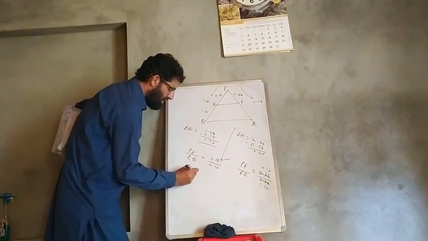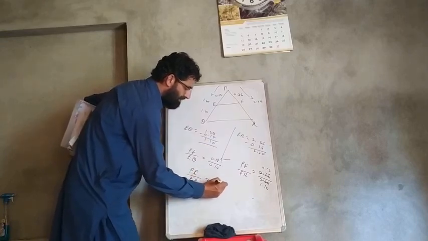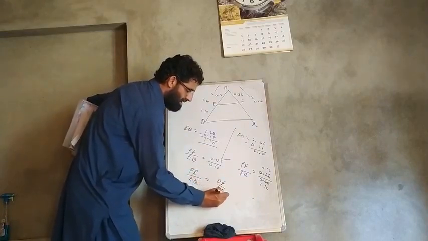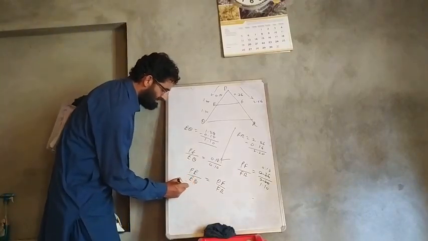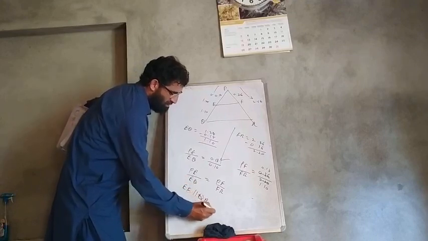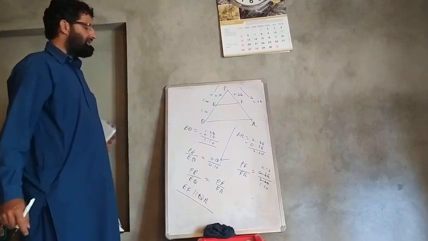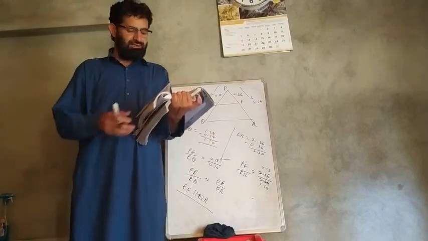So PE divided by EQ is equivalent to PF divided by FR. Therefore lines are parallel, or we can say EF is parallel to QR. So in third case also lines are parallel because the ratio is equal.